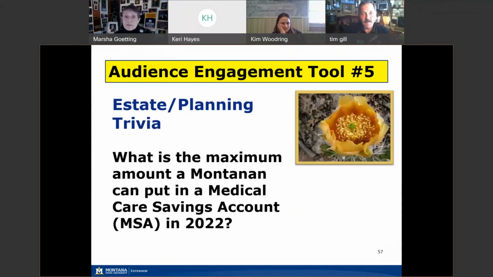What is the maximum amount a Montanan can put in the medical care savings account in 2022? That's this year. What is the maximum that Montana will allow for you to put in that account? Okay, enter that in the chat room. And again, the first person that gets it right will get a note card.